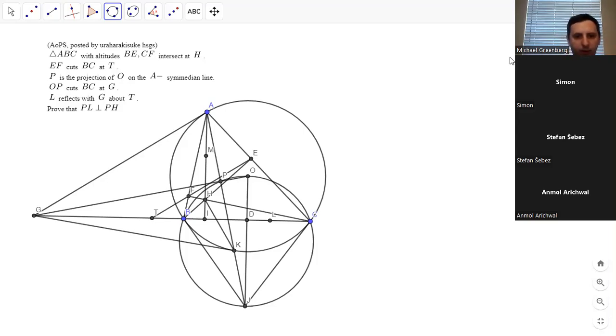Yeah, how can we get ratios? So it seems PG might be able to be calculated because basically OP times OG is OA squared. So yeah, maybe that could help calculate it. I don't know.